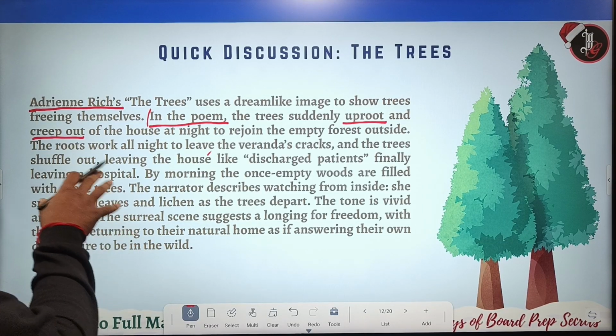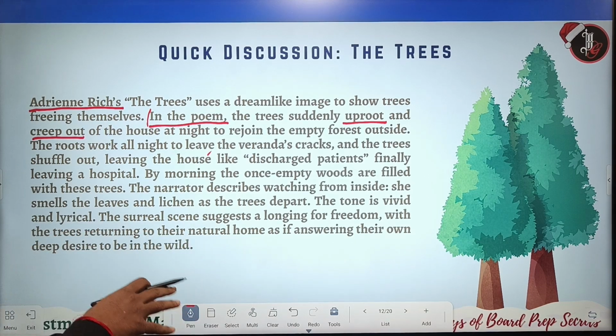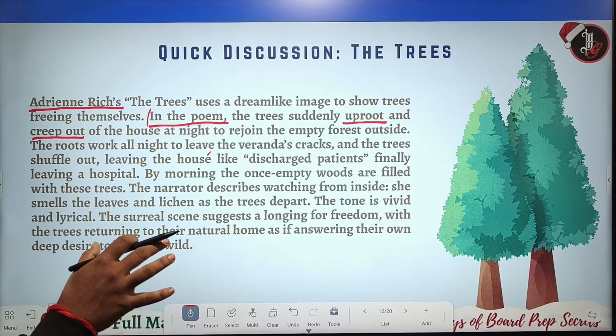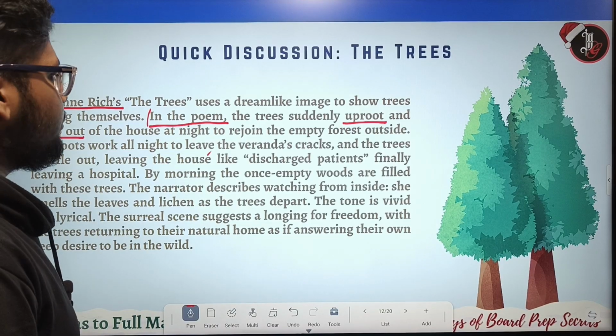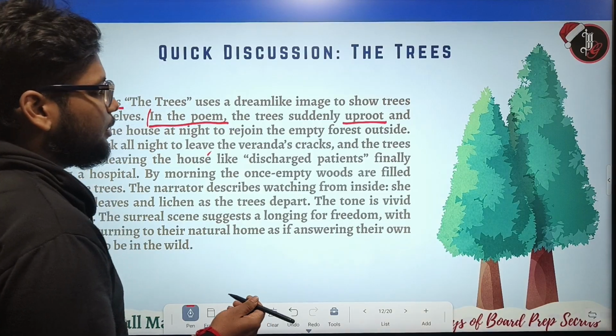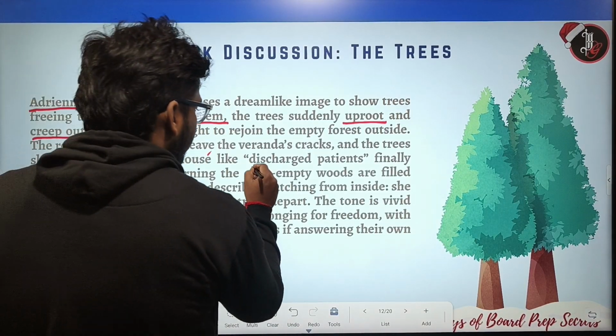The roots work all night to leave the veranda's cracks, and the trees shuffle out, leaving the house like discharged patients finally leaving a hospital. So just look at the comparisons. These are very important and will be very important for the boards.